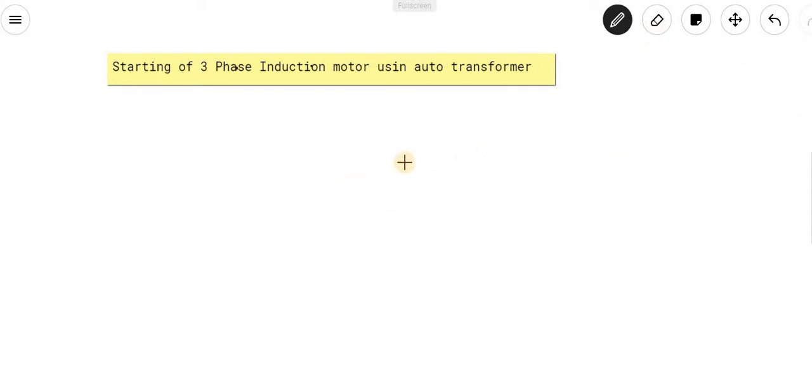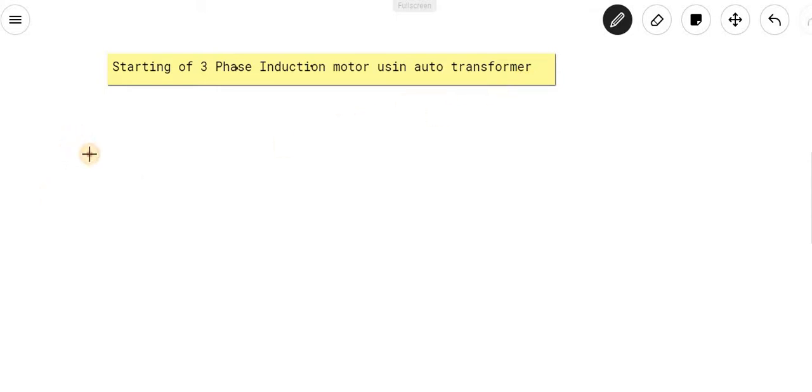Now see the autotransformer: here we have a three-phase induction motor, and the autotransformer would be a three-phase autotransformer.